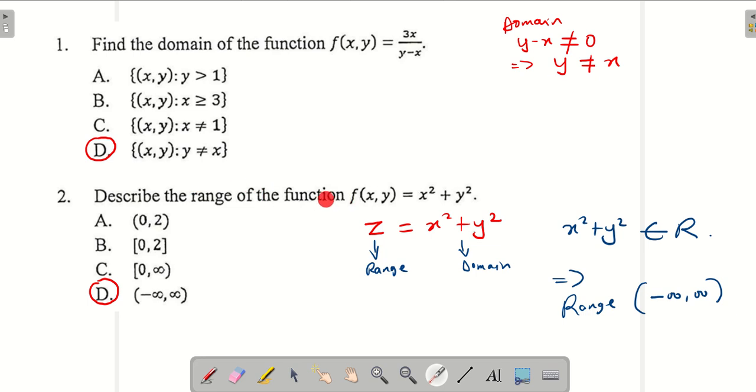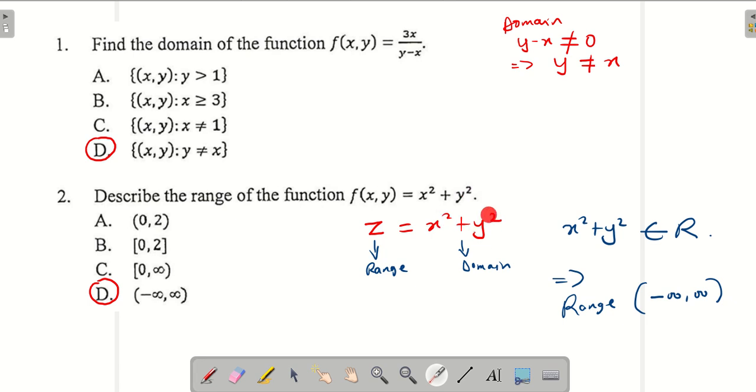Describe the range of the function f of x, y equal to x squared plus y squared. Now when we talk of range, we are looking at the dependent variable, that is z. Let's say f of x, y is z. Now we know that z is equal to x squared plus y squared. Now x squared is a perfect square, y squared is also a perfect square.